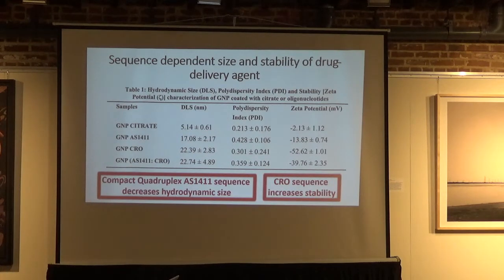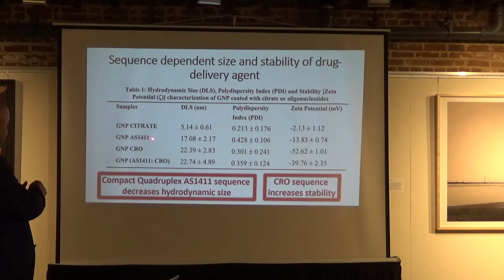What we are seeing is a gold nanoparticle with a citrate coat, which I make within 15 minutes, as I was telling you. If I coat it with the quadruplex aptamer, it has a hydrodynamic size of 17 nanometers, like 13, minimum 14 to 17 to 19.